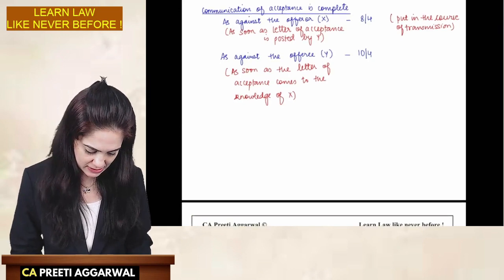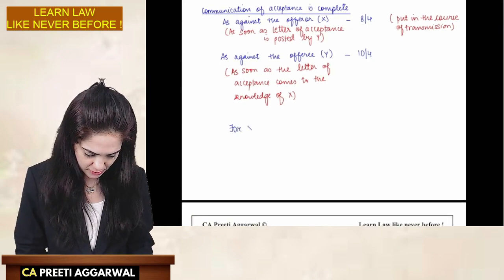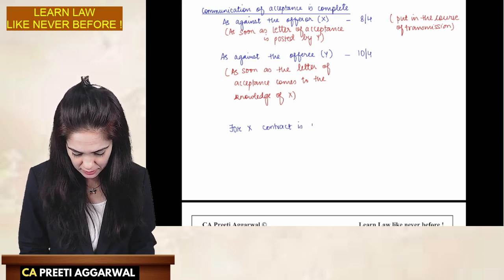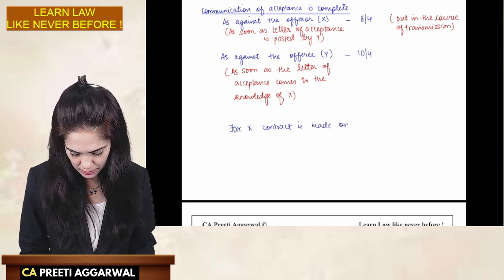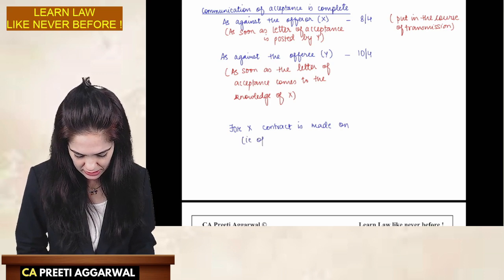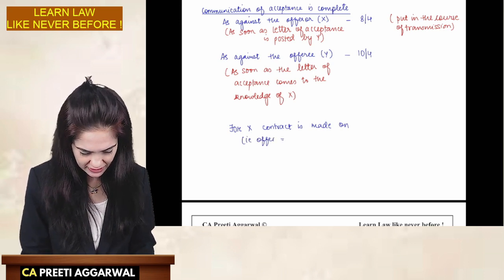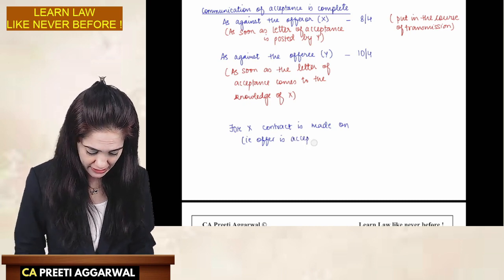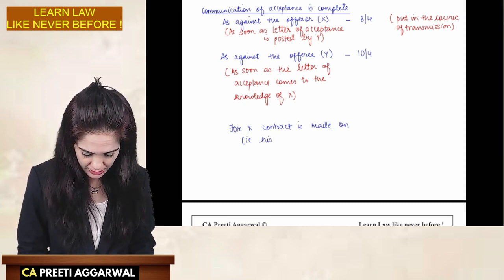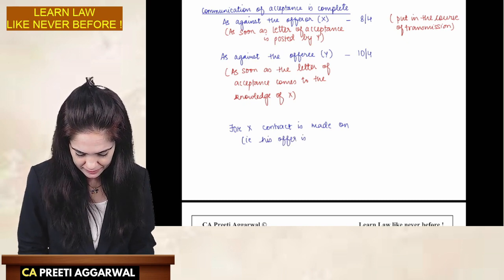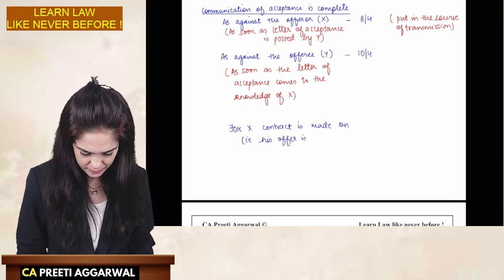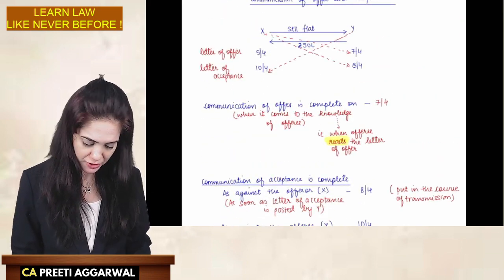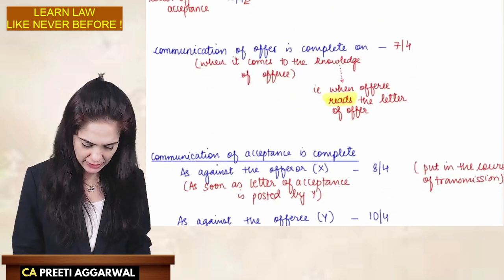Now, for X, contract is made on, you tell me. That is, offer is accepted. You can write his offer, so it'll be more clear. His offer is accepted. On which date? For X, the contract is made on 8th of April.